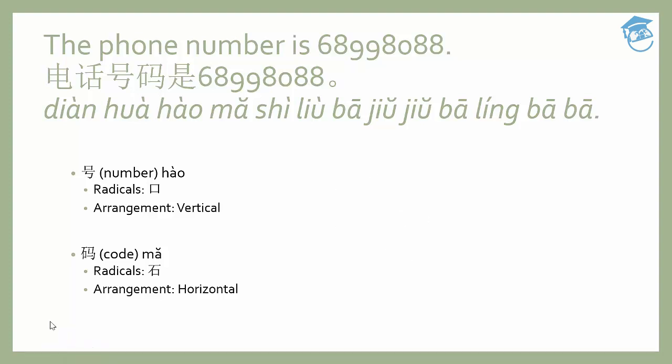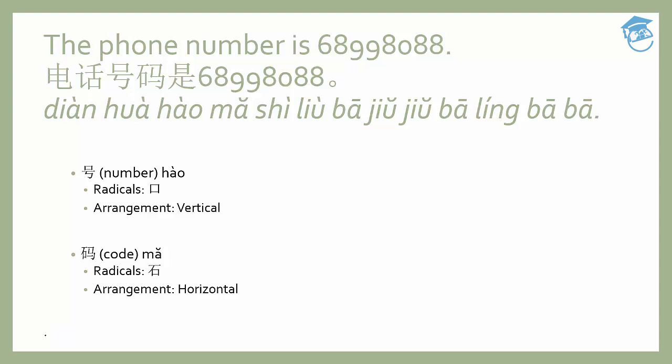Okay, so 电话号码 means phone number. It is the same as the direct translation, so the whole sentence should be easy enough for you. So in this sentence, you just have to learn how to say phone number. Okay, and the numbers, they are what you have learned before. So there's no new word here.